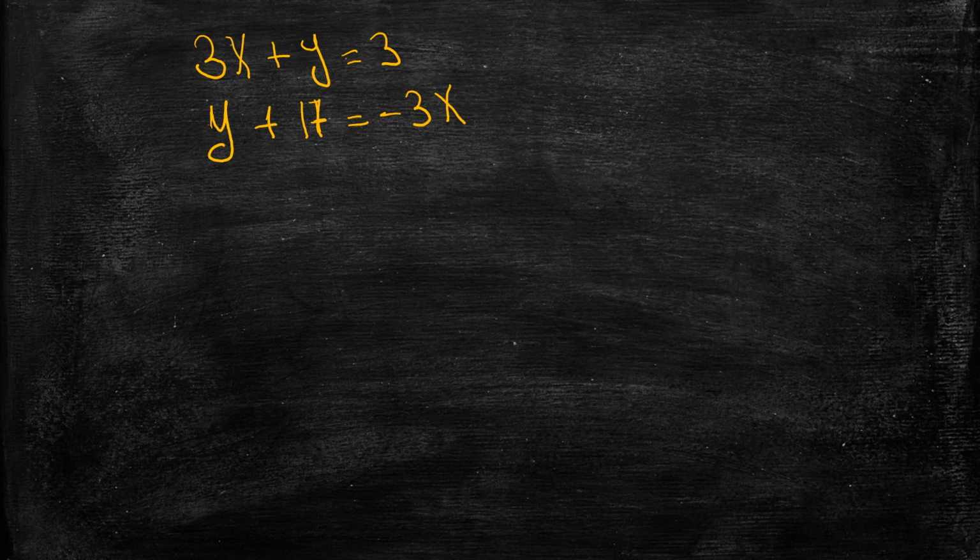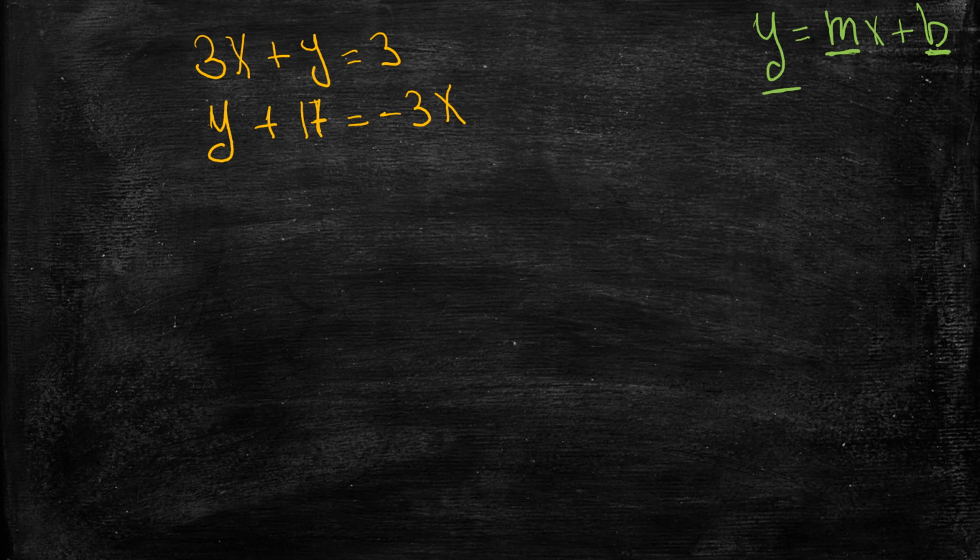Again, what is the slope-intercept form? The slope-intercept form is y equals mx plus b, where y is isolated. The slope-intercept form shows the slope and the y-intercept. So the first step here is to write each line in slope-intercept form.